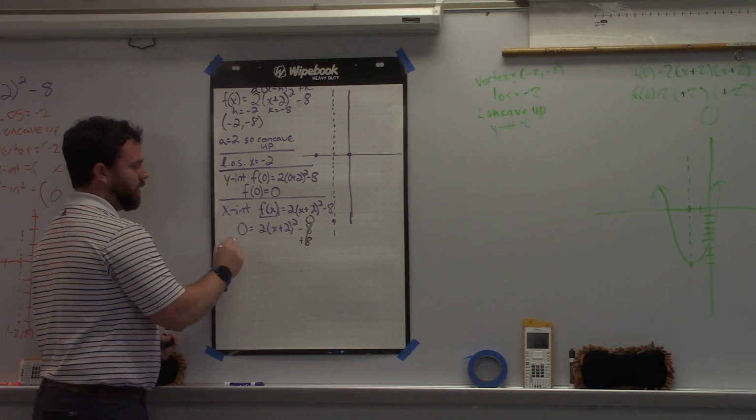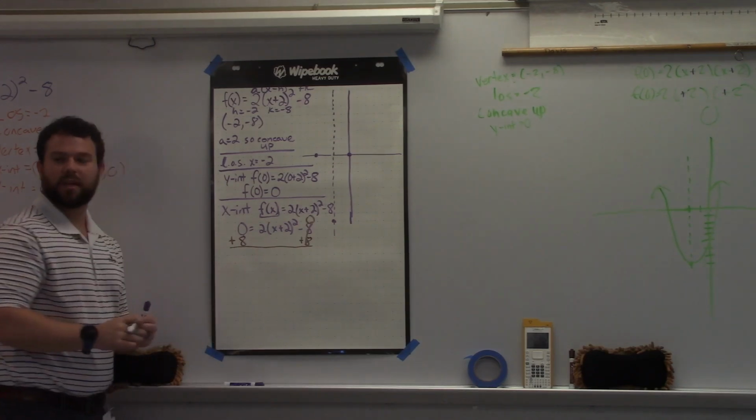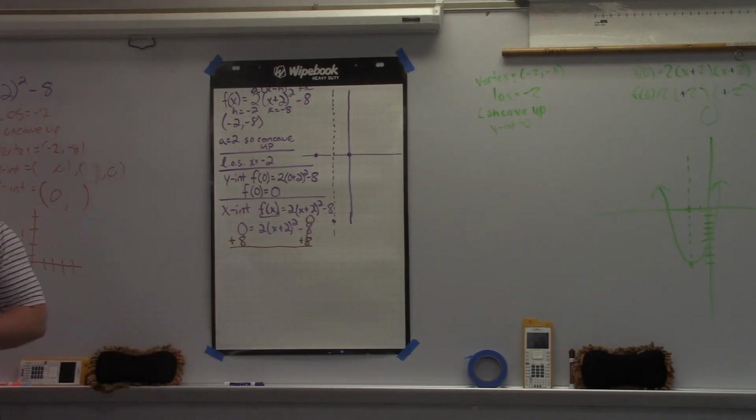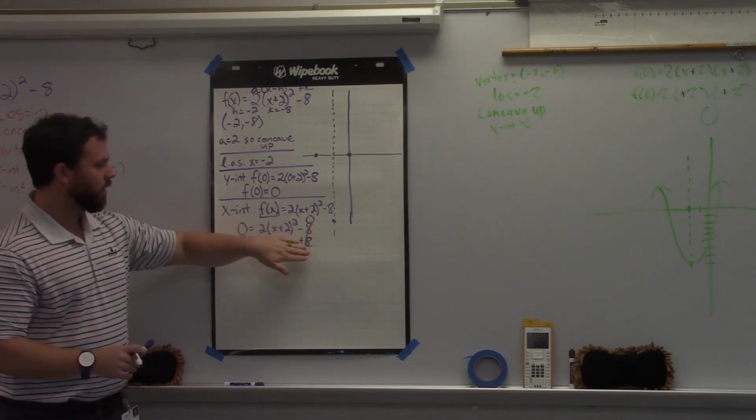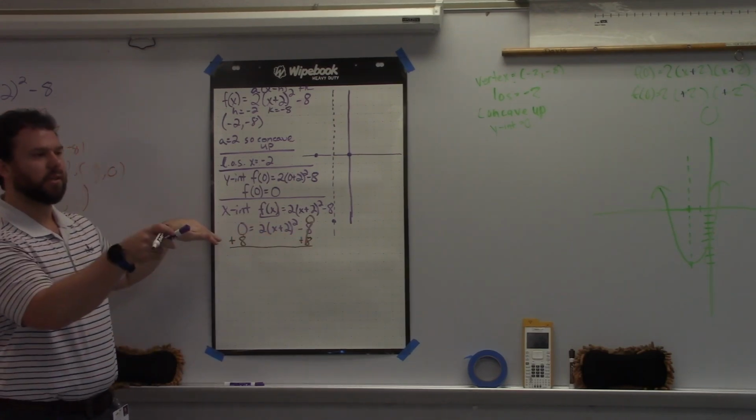Whatever I do to one side of the equation, I have to do to the other. What's that called again? It's on your proficiency scale. It's another property. We got an equal sign in there. Inverse order operations. So we are using the inverse operations, but what is it? Whatever I do to one side of the equation, I have to do to the other. I think you said it.